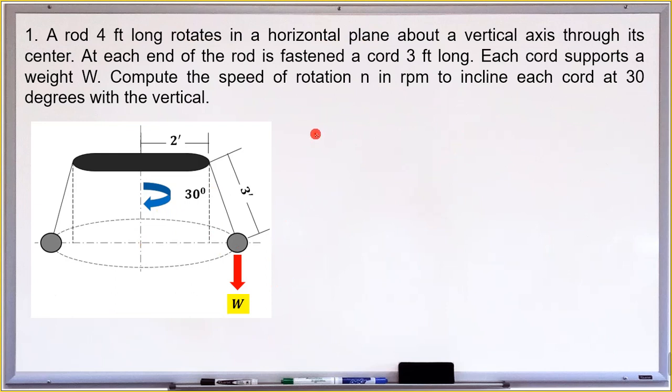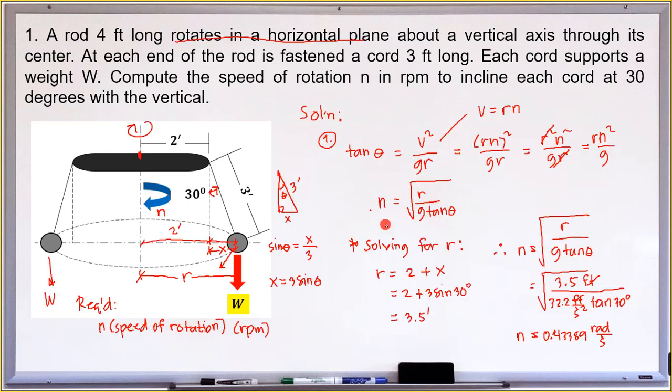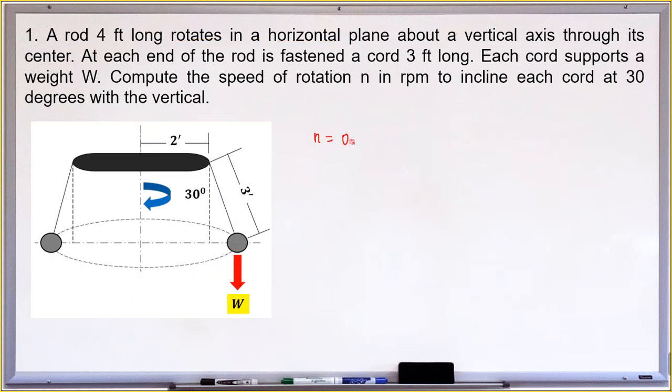So n equals 0.43389 rad per second. To convert that into revolutions, one circle is 2 pi rad, so 2 pi rad is 1 revolution. And 60 seconds is equivalent to 1 minute.